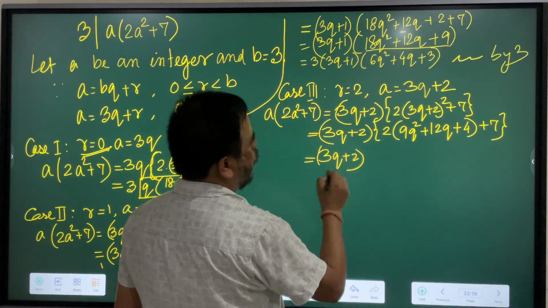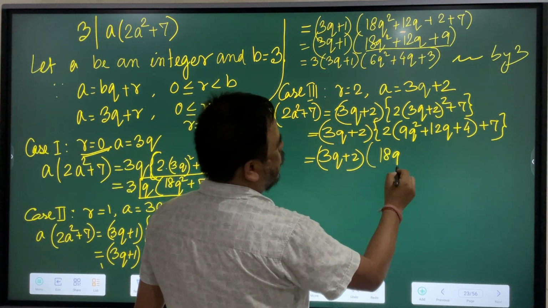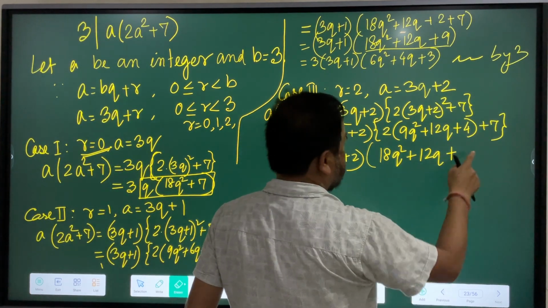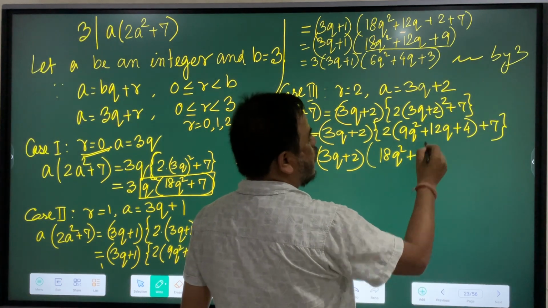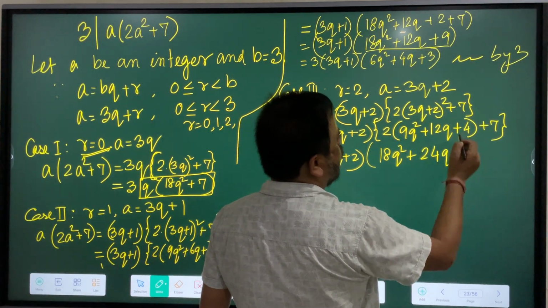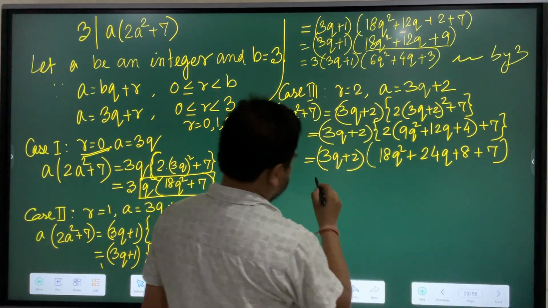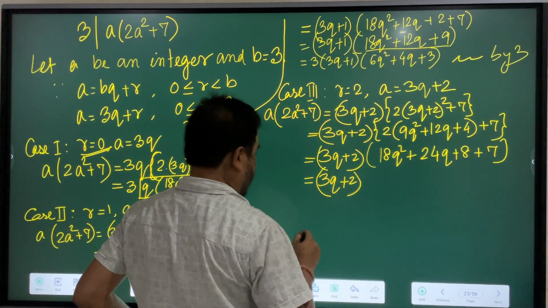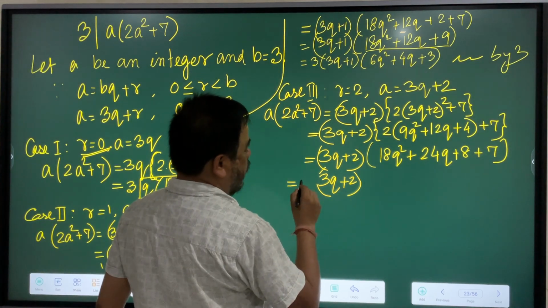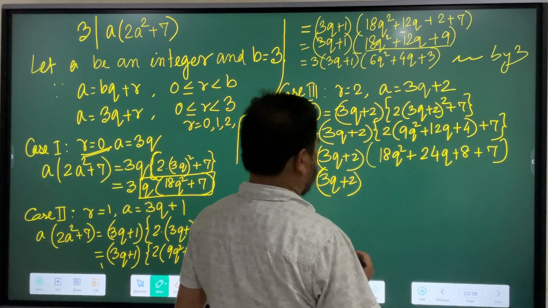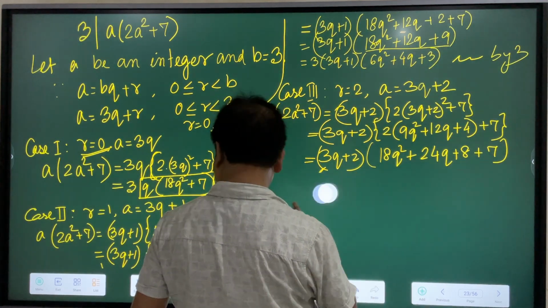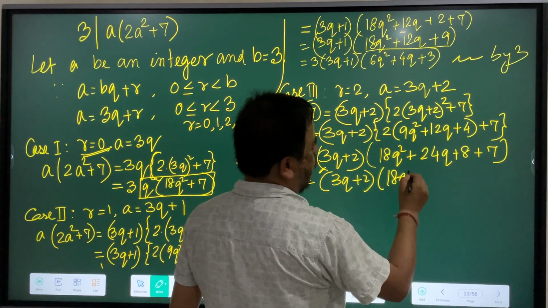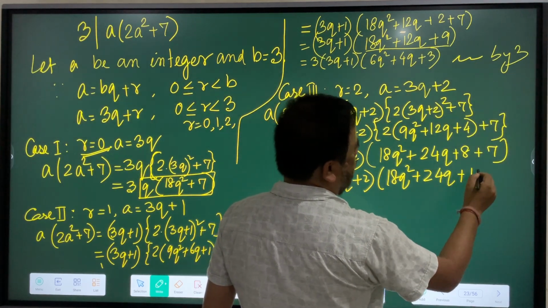3q plus 2 into 18q square plus 24q plus 8 plus 7, that is 3q plus 2 into 18q square plus 24q plus 15.